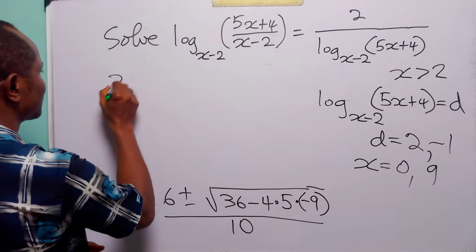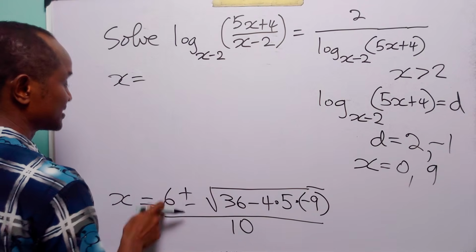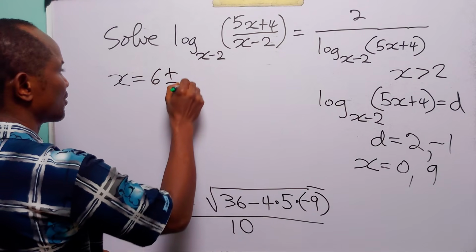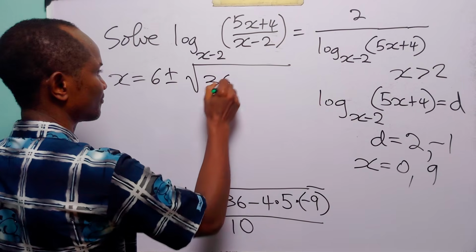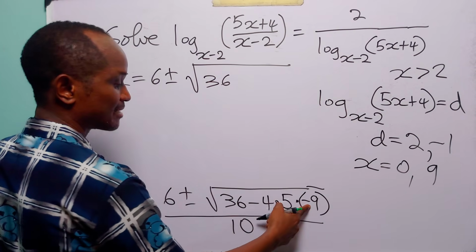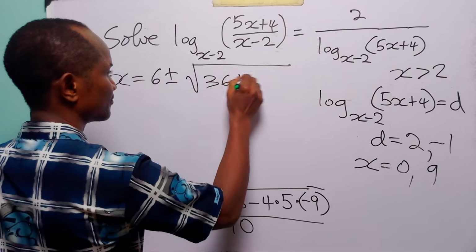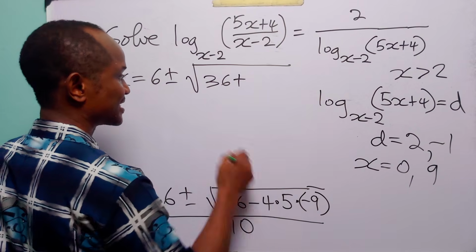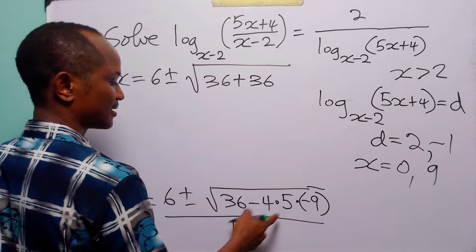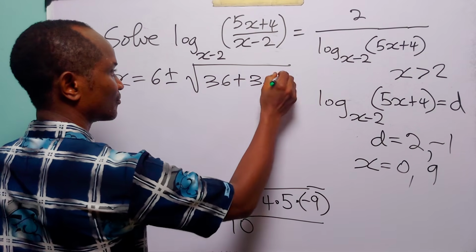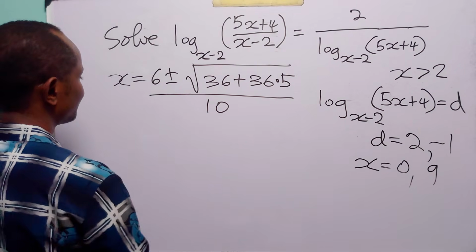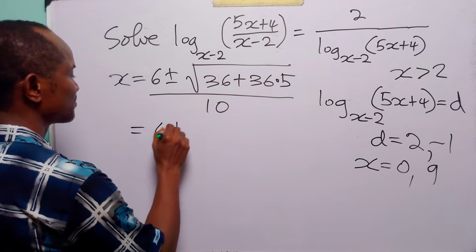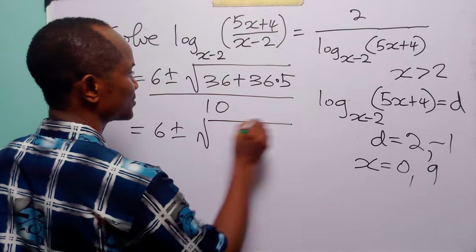From here we have 6 plus or minus the square root of 36. Minus times minus is plus. 4 times 9 is 36 times 5, all divided by 10. This is equal to 6 plus or minus the square root of.